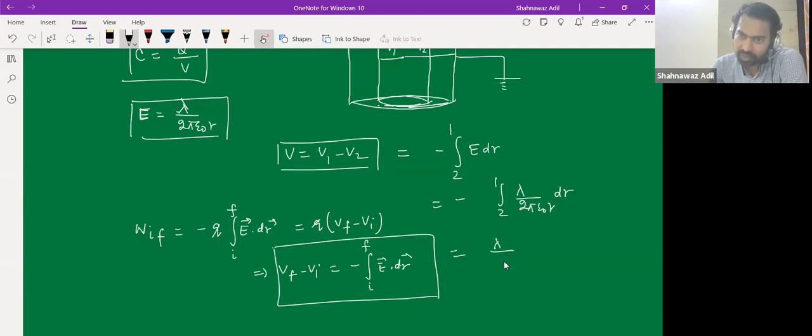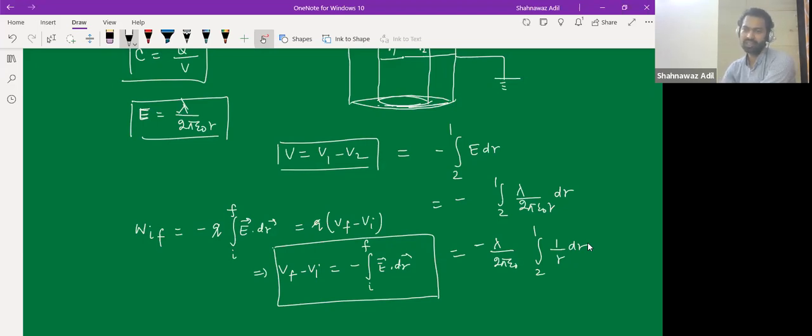So lambda by 2 pi epsilon naught, and minus is taken outside, and we have the integral from 1 to 2 of 1 by r dr. So what is this integral? We have done this integral in 2 or 3 questions before.